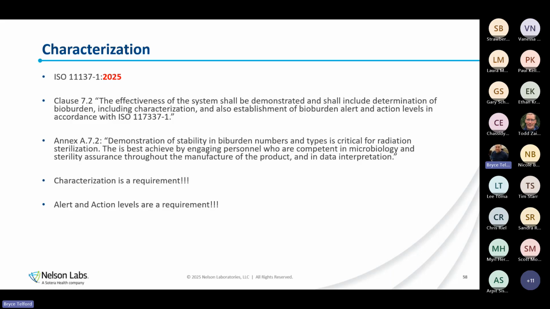So it is required that you establish bioburden alert and action levels and that you include determination of bioburden, including characterization. The key is including characterization, and it is a requirement, and bioburden alert and action levels are a requirement. It expands on this in the informative annex that corresponds with that clause.